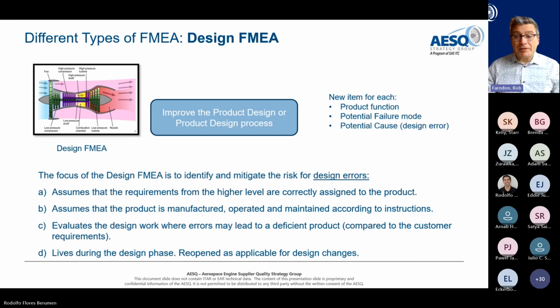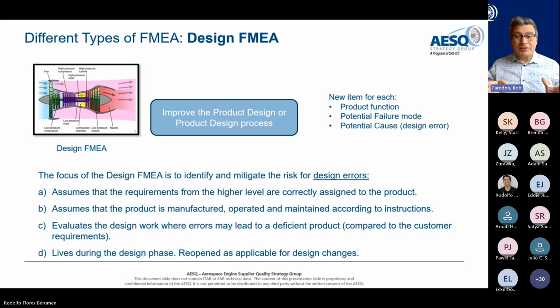We're only considering the design inside the design FMEA. So we're going to lock down and assume that the requirements that we're given as an input to the DFMEA are correct. Outside the requirements, we're given are correct. And we're going to assume as well that the product is going to be manufactured, maintained, and operated in exactly the way that we want it to, in accordance with instructions.